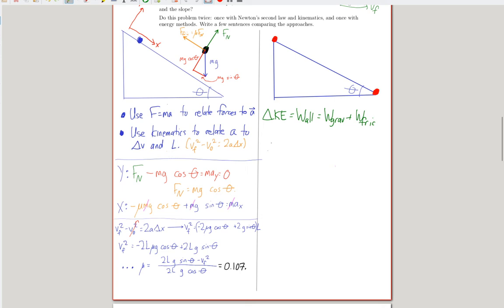So remember that work is the dot product of force with displacement, which means the force times the distance displaced parallel to that force. So if I think about my forces, right, friction goes up the ramp.